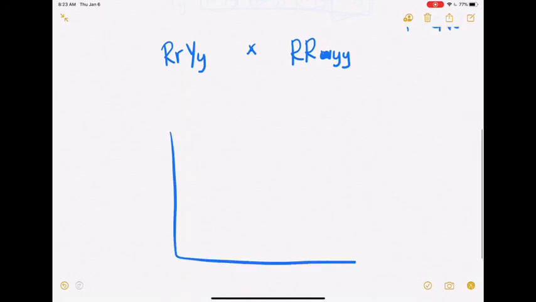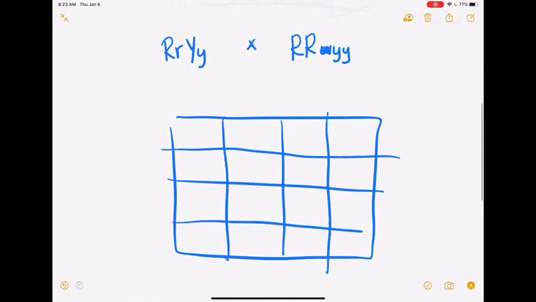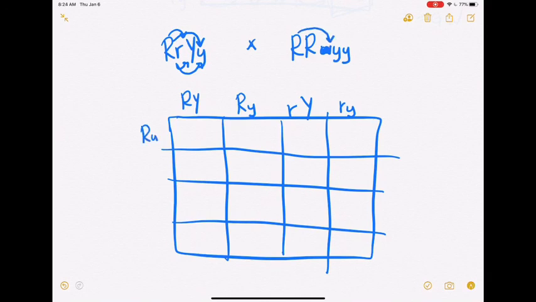Let's draw our Punnett square. You can just pay attention, or if you feel the need to copy this one down, knock yourself out. So we're going to have to FOIL: big R, big Y first, outer big R, little y, inner is little r, big Y, and then last is little r, little y.